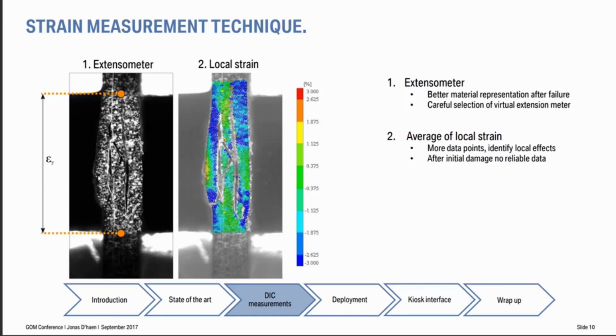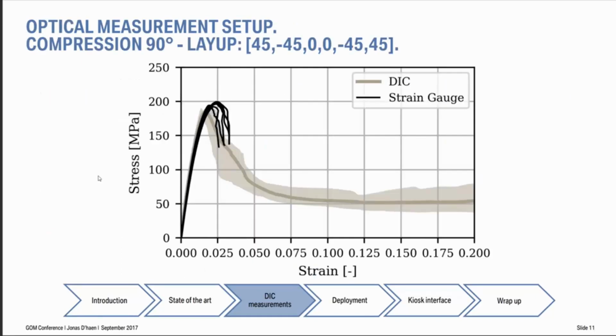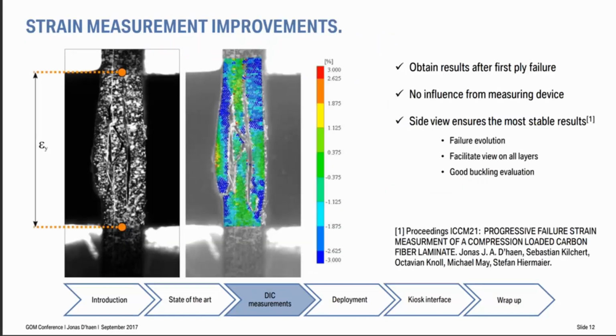With this extensometer evaluation, they can feed this to the stress strain curve and get values to much higher strains. Even though, of course, in the stress strain representation, certain fibers are already broken.